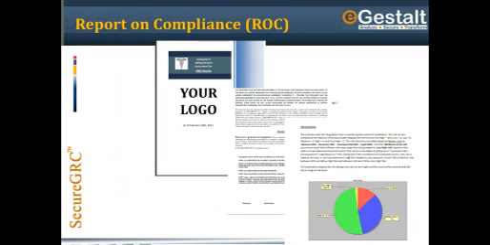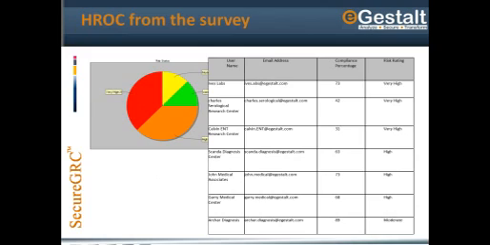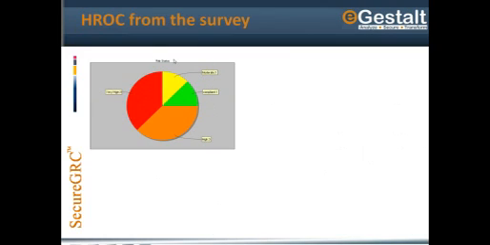And the covered entity, the hospital or the doctor's office, at the end of the process will be able to generate a report on compliance, which is really a roll-up view of their internal compliance status and all the external vendors, BAs that they sent out the assessment to. They would have a snapshot view of how many external BAs or vendors are compliant.